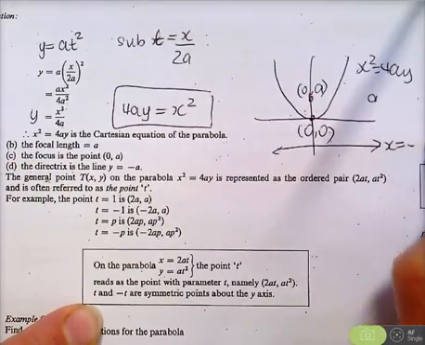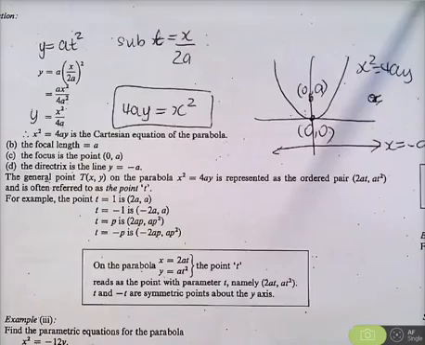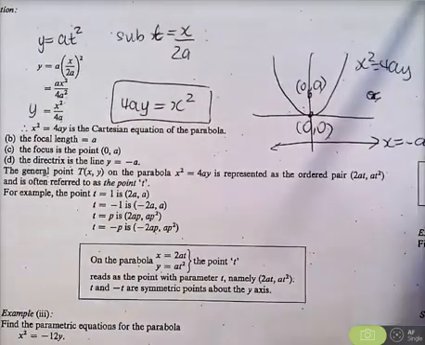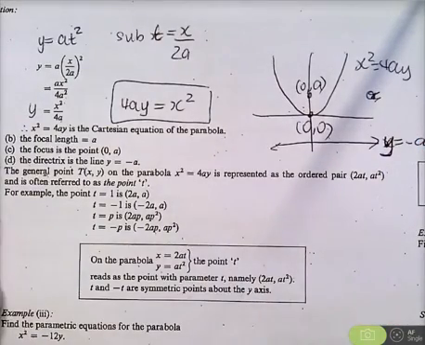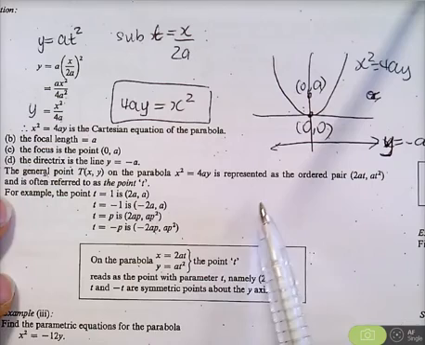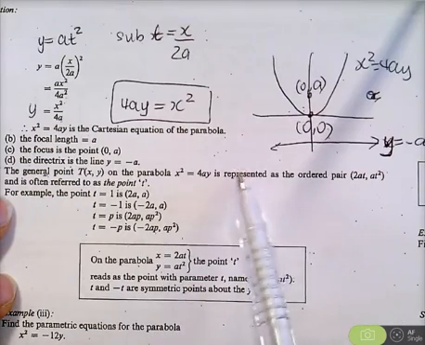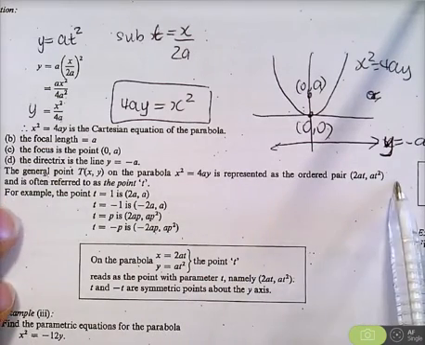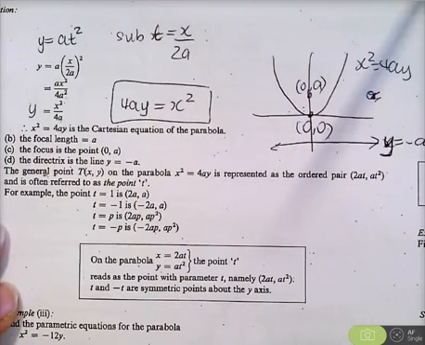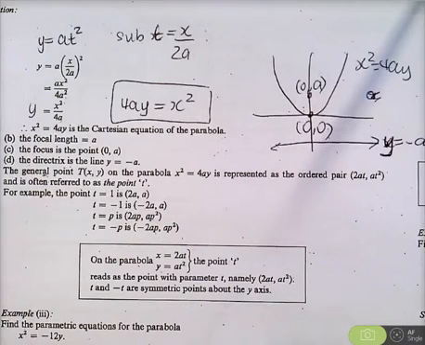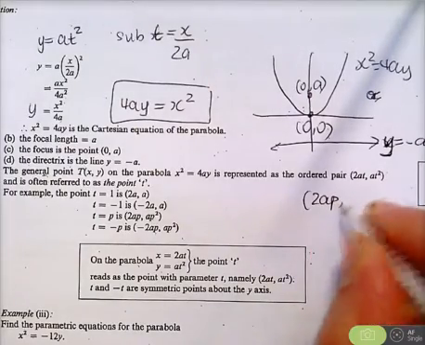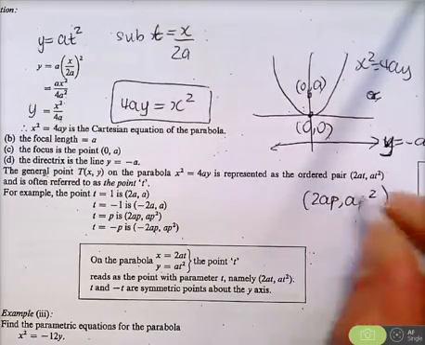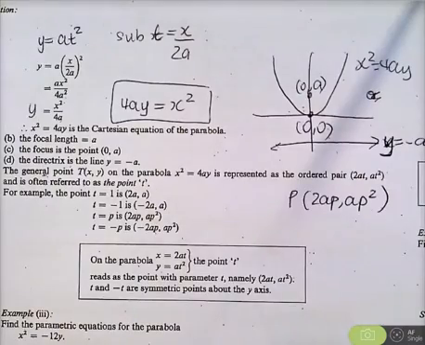Sorry, that's y equals minus a, by the way. It's just what we were doing before. You know this. You've done this before. Again, any point on the parabola is 2at, at squared. But sometimes they just don't do 2at, at squared. Sometimes they might do 2ap, ap squared. That might be point P. Do you know what I mean?